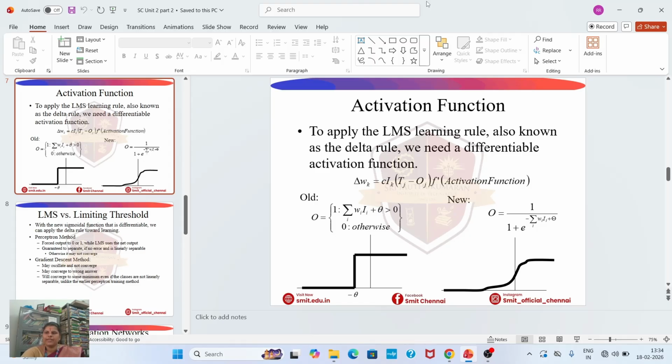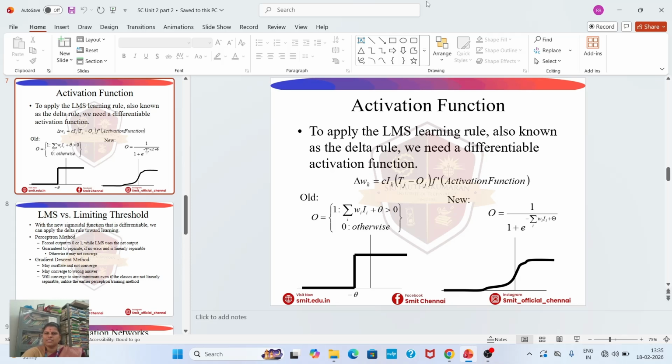The weight update rule, the delta rule, is: delta wk equals the learning rate times the input, times target output minus actual output, times the derivative of the activation function. The old activation suddenly jumps from 0 to 1, so it is not smooth and not differentiable.